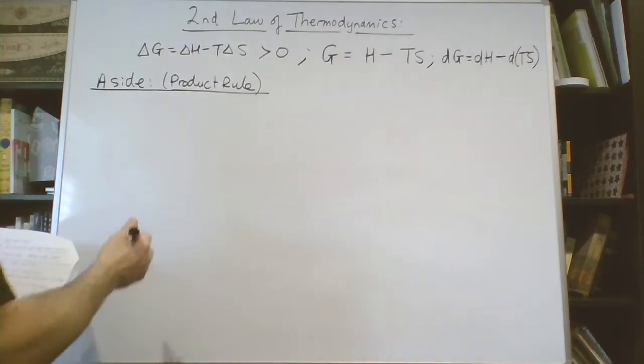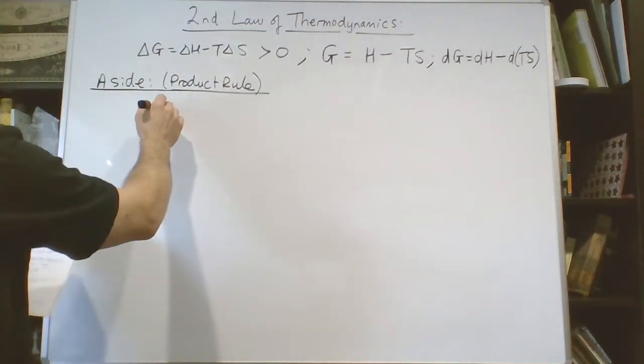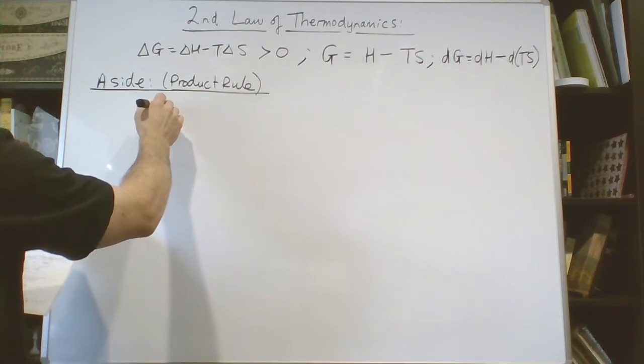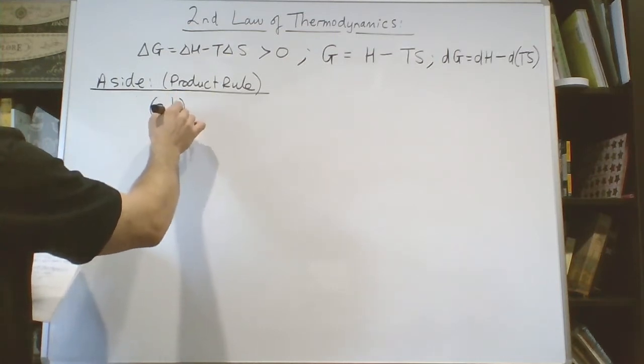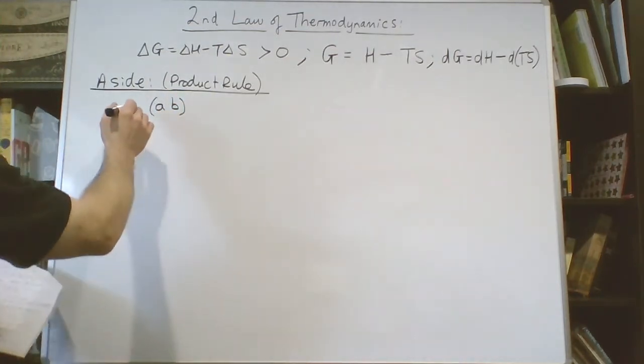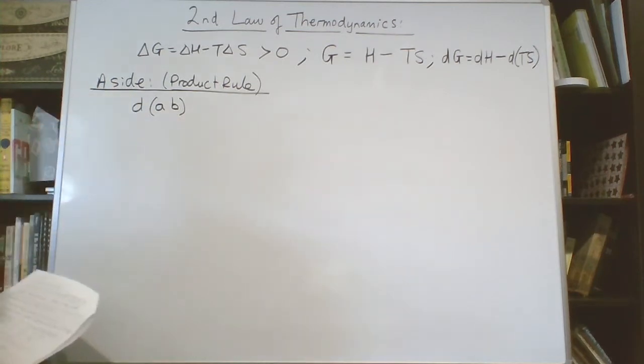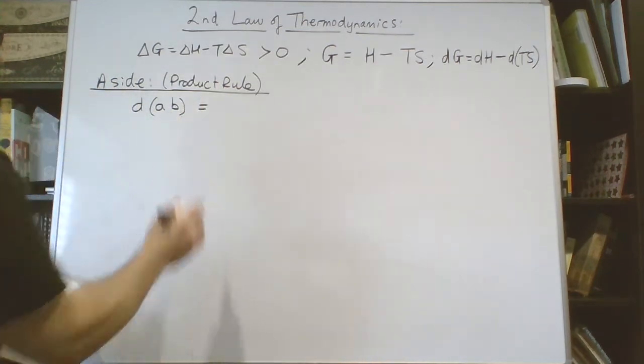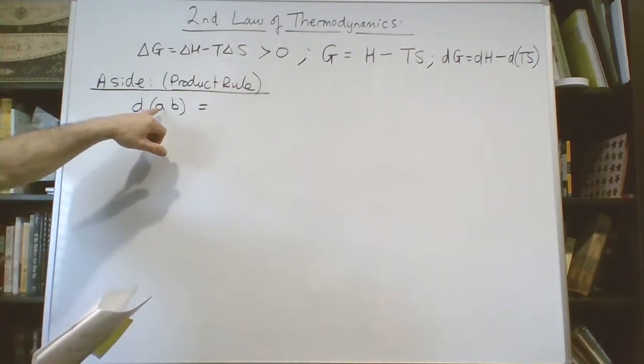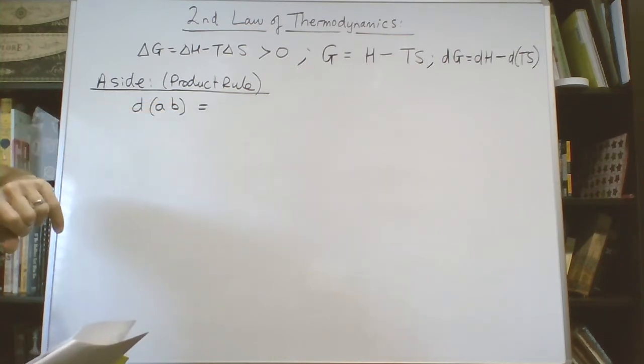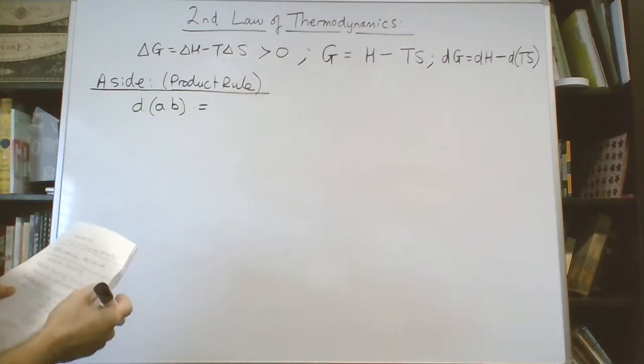The product rule says if you take a product AB and you want to take its differential, you ignore one of these variables and apply the d to the second variable, and then vice versa.